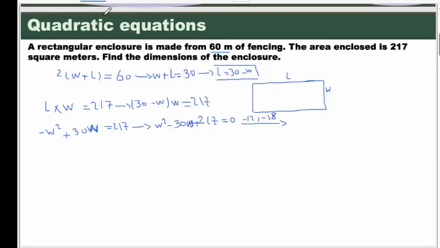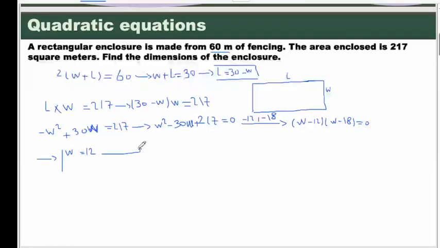So I rewrite it again. It was negative 30W, so it would be W minus 12 times W minus 18 equals 0. I will find W, W equals 12.